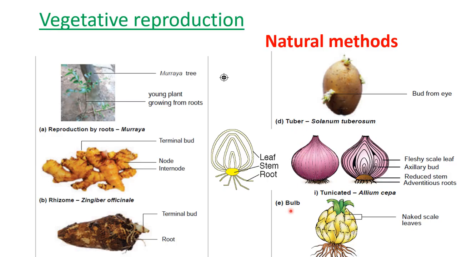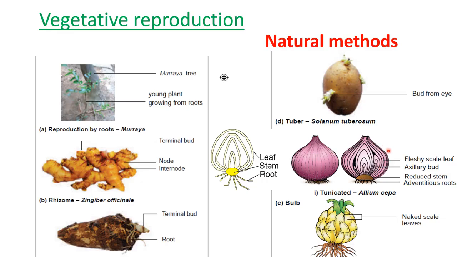Then bulb. A bulb is of two types, tunicated and naked. Tunicated, as we see in onion: here the fleshy leaves, and the stem is reduced, and the roots that come from the reduced stem are called adventitious roots. The bud that is going to give rise to a new plant is called the axillary bud, and it comes from this reduced stem.